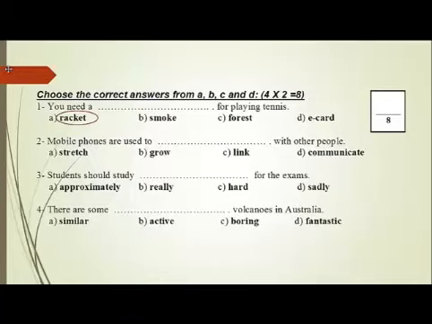What do you use the mobile phones for? Try to guess which is the best answer for you. Of course, we say mobile phones are used to communicate with other people.